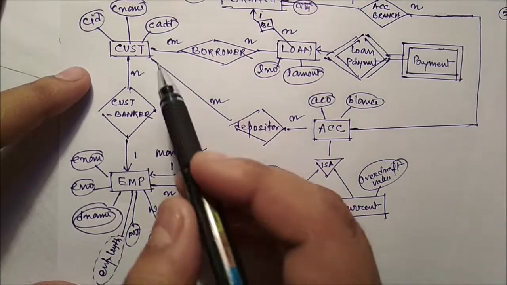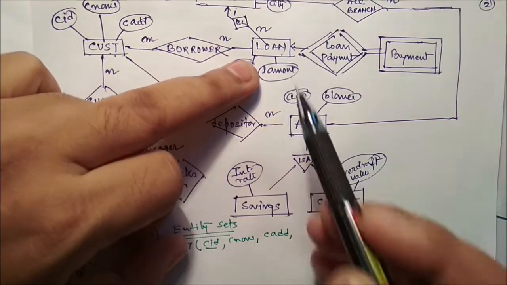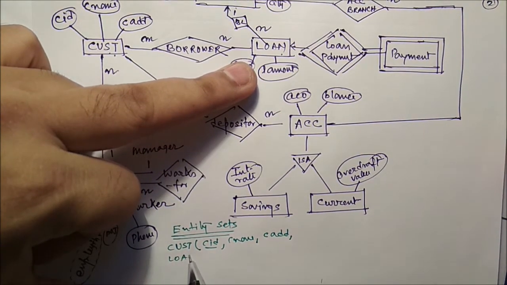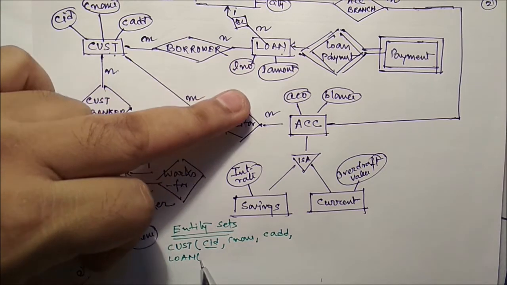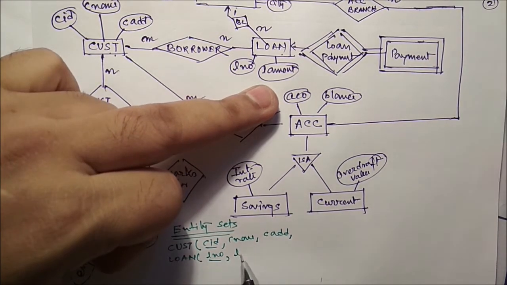Now next is loan. If it is a loan, the attributes are loan number, which should be the primary key, and loan amount.